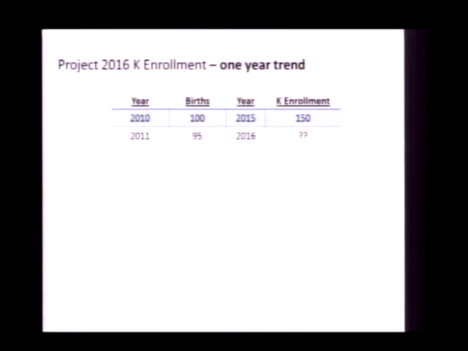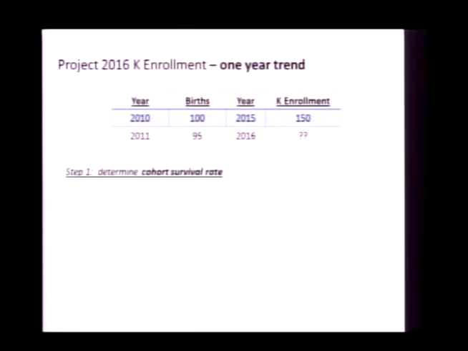So what I'm going to try to do is illustrate this through an example. This example uses fictitious numbers. I chose to use some rounded numbers to hopefully make the explanation a little simpler. And you'll see that it's a one-year trend, which we never use. But again, for the sake of simplicity, I chose to just round numbers in a one-year trend.